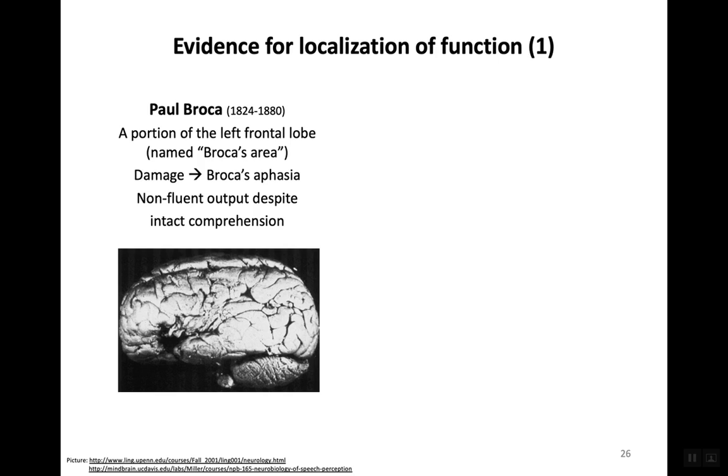Memory, perception, decision making. So this is quite curious, and that motivated Broca to take a very close look at Dan's brain upon death. And what the autopsy revealed was a very precisely localized damage to a part of the left frontal lobe, which later came to be called Broca's area.